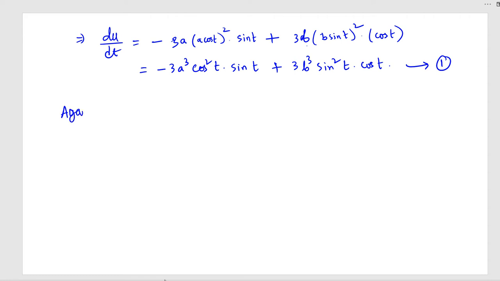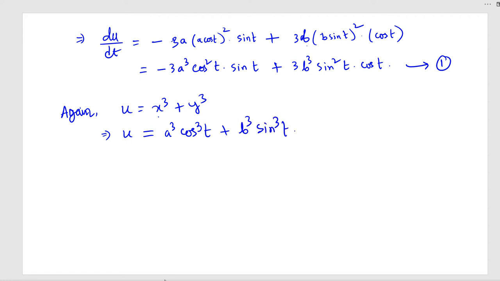Again we have u equals x cube plus y cube. So if you substitute this value, in place of x you write this one, u equals a cube cosine cube t plus b cube sine cube t.